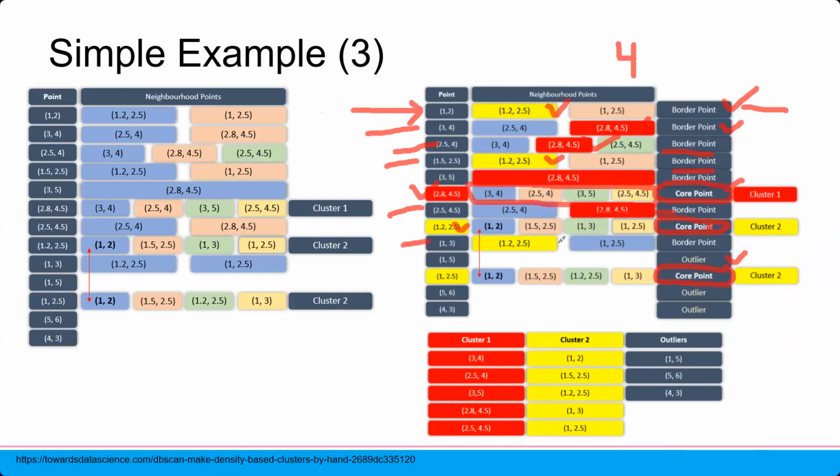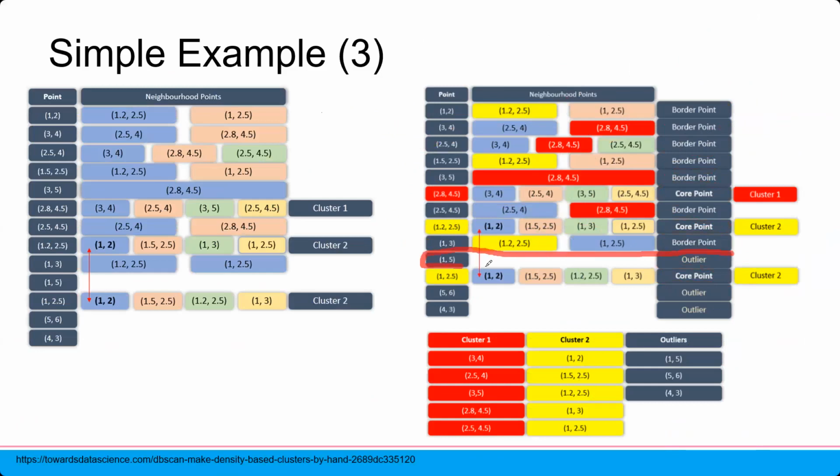This is also a border point because it contains the core point. What about this? Nothing in the neighborhood point. So we call this an outlier. This one is also an outlier, and this one also an outlier.